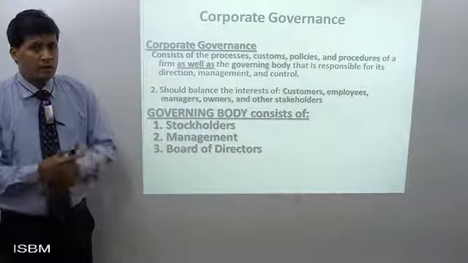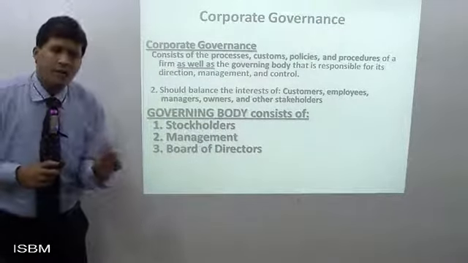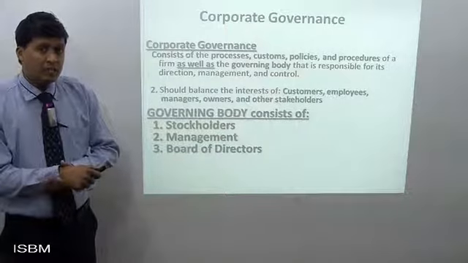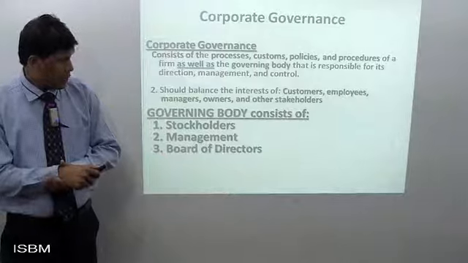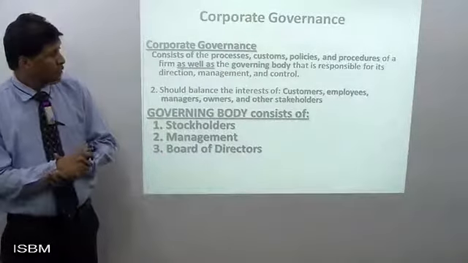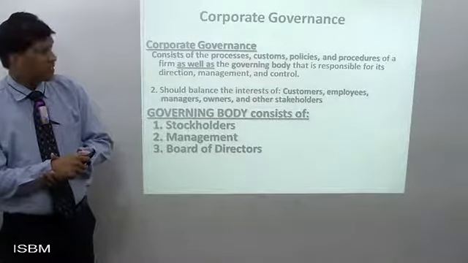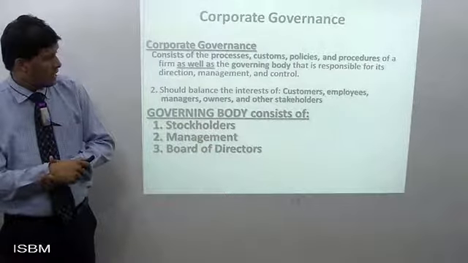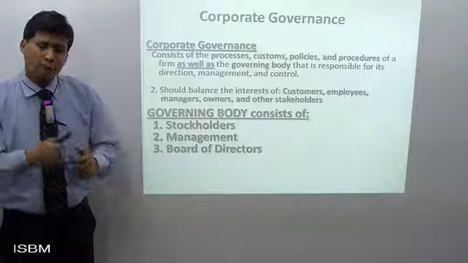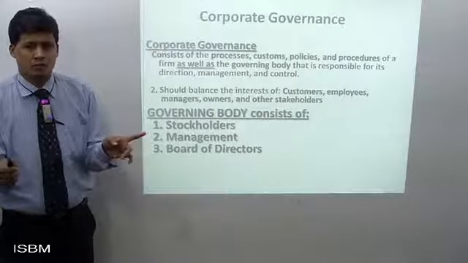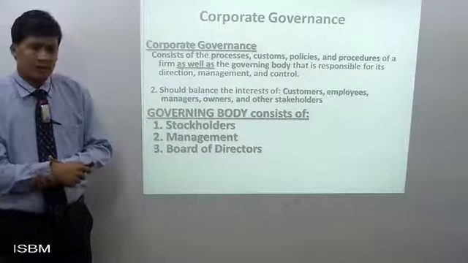It includes the operating things. The important keywords here are processes, customs, policies and procedures, as well as the governing body that is responsible for operating the entire process. That is corporate governance.